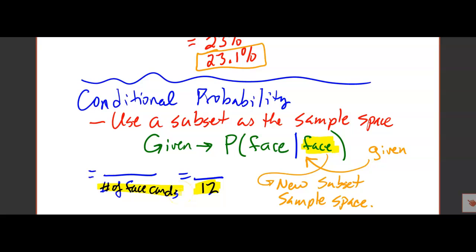So that's the sample space set. Probability of face given face. So what is the probability of now pulling a face card? This is the number that goes on the top. Out of this set I've chosen, the highlighted yellow cards are the ones I'm pulling from, and I want to see out of this set how many are face cards.